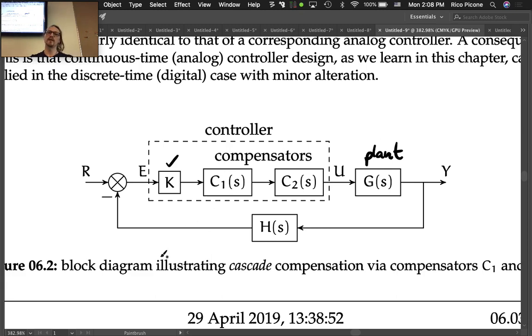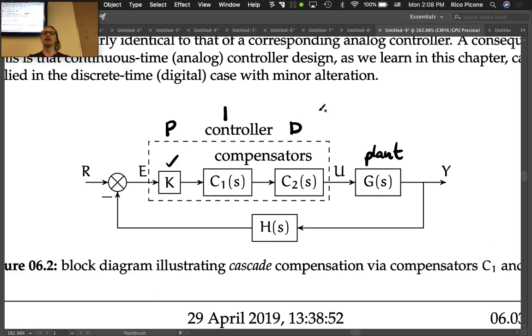So say we did the gain, which is our P control. Then we might do an integral compensator, which we'll learn about today. So that would be C1, this block, this compensator, which would be the integral, or the I control. And then we might add another compensator in, say the derivative compensator, and that would be our D compensator, our derivative control. So we would then have a PID controller.